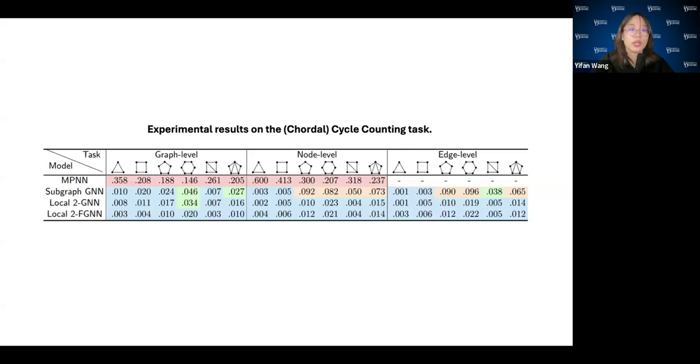And this is the experimental result on the cycle counting task. We can also see that local 2-GNN and higher order GNNs perform better than other GNNs. So this confirms the theory that more expressive models translate into better performance on practical tasks.